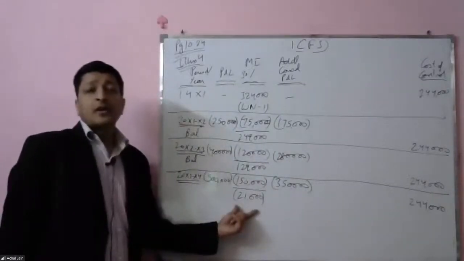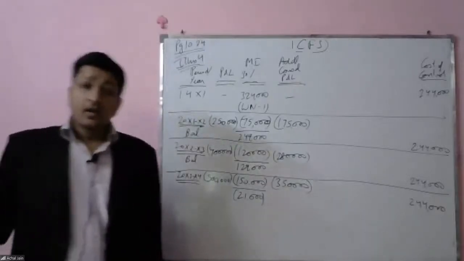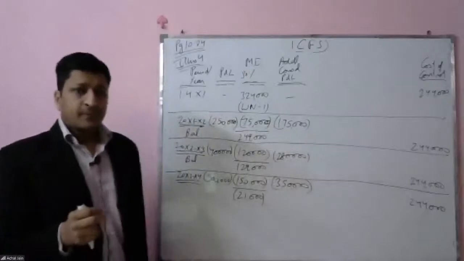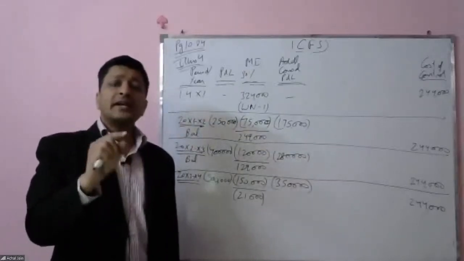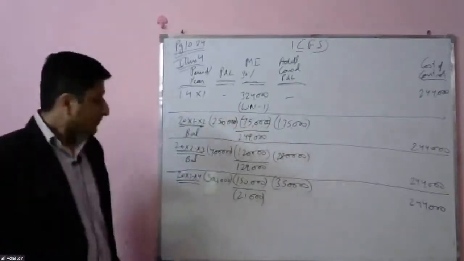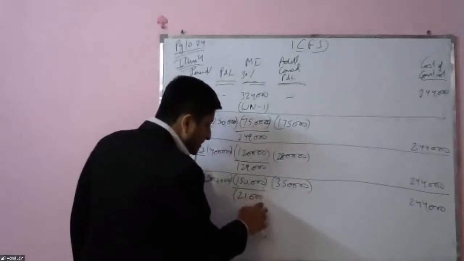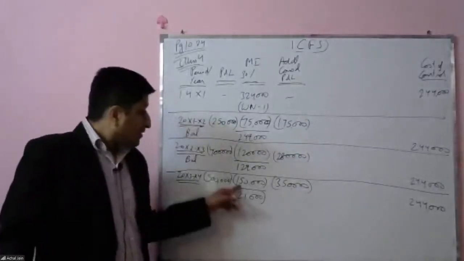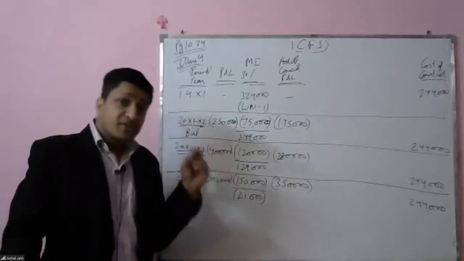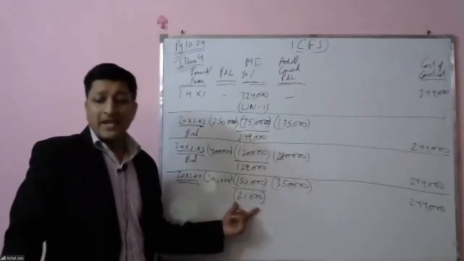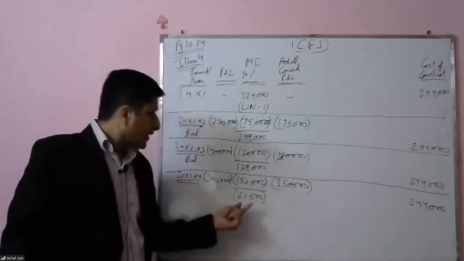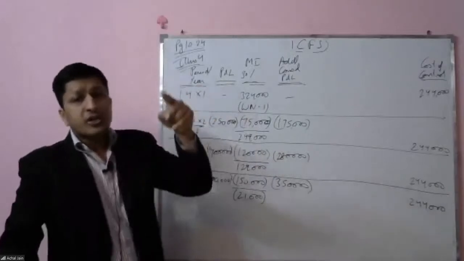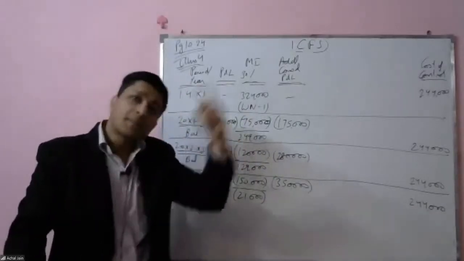The portion of the loss of minority interest which is making the minority interest balance negative will be apportioned to, will be transferred to the parent.